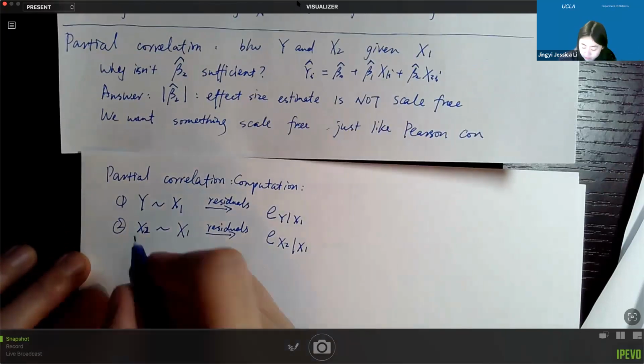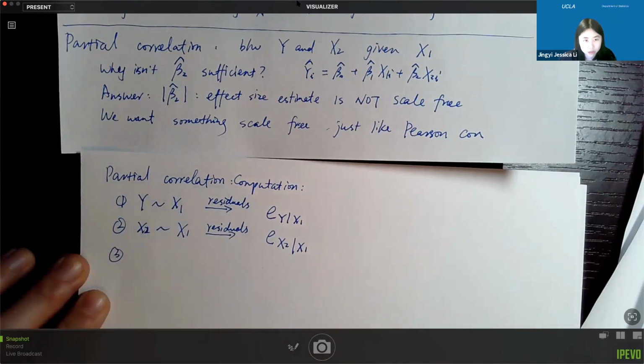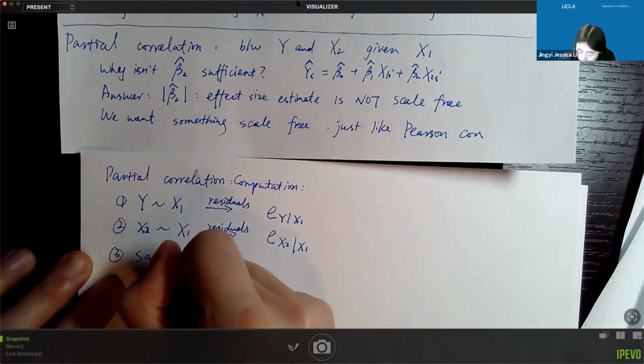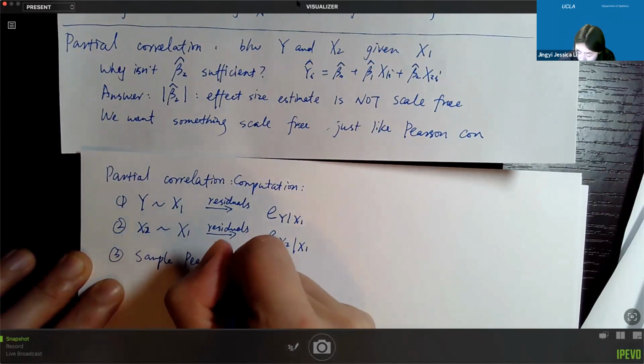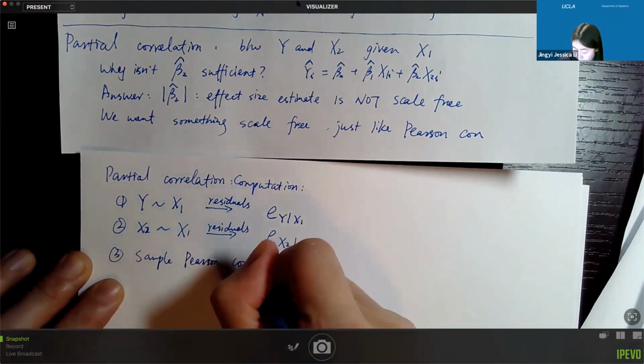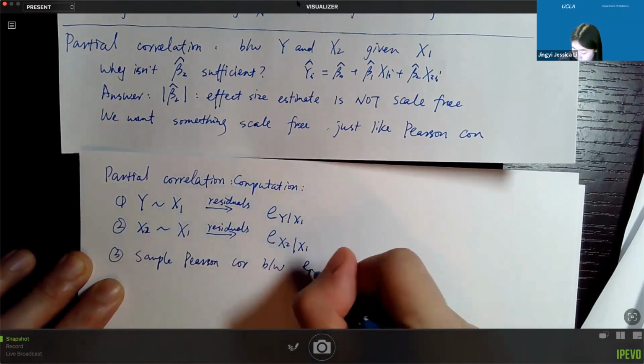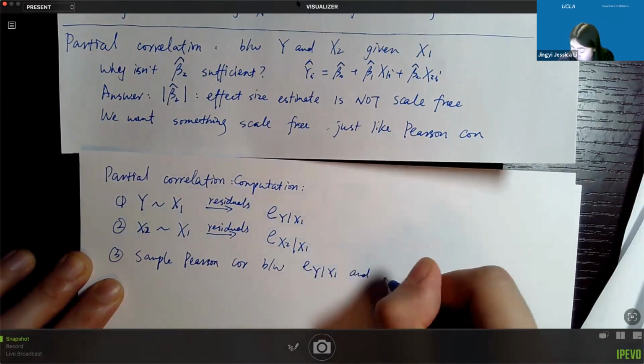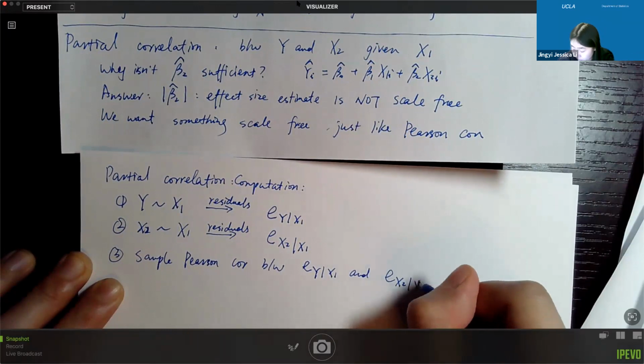And finally, you compute the Pearson correlation between the two residuals. Okay, then you compute the sample Pearson correlation between these two residuals, E_y given x1 and E_x2 given x1.